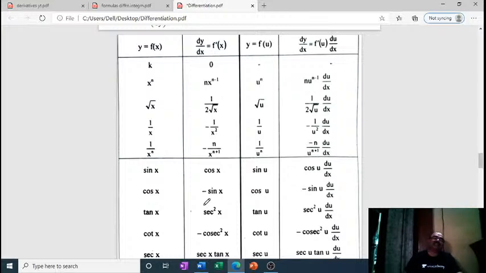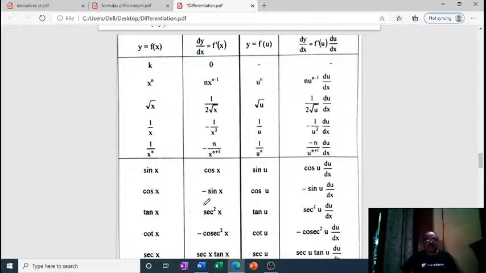Next, x power n. We just now saw this formula in the previous sums. X power n is n into x power n minus 1. Same thing if I take it in terms of something else like sine power 2x or log power 3x, something like this.